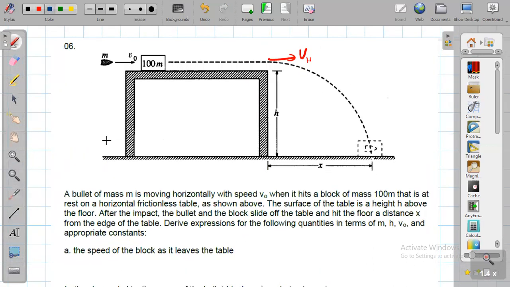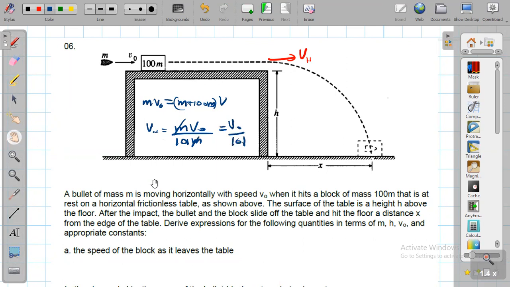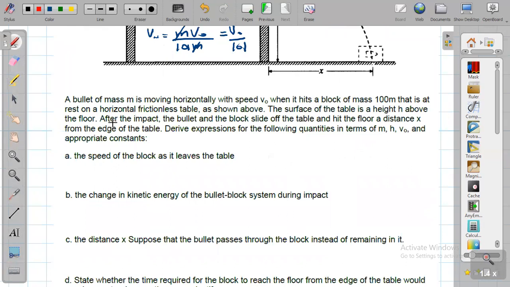You can use m v naught equals m plus 100 m times v. What is v? v equals m v naught over 101 m, right? So the speed is v naught over 101.